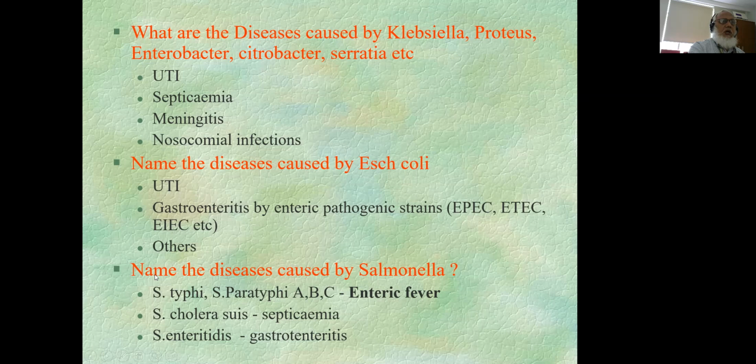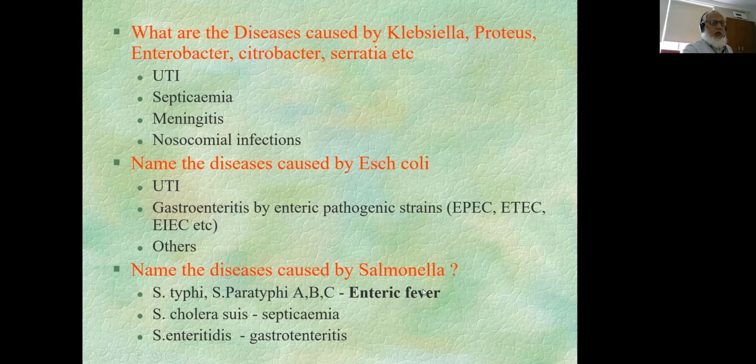Another question is diseases caused by Escherichia coli. Escherichia coli is the number one cause of UTI, about 80% in community-acquired infection. It also causes gastroenteritis of all varieties by diarrheagenic Escherichia coli, which we will discuss. And others, it can cause septicemia, meningitis, nosocomial infection, etc.